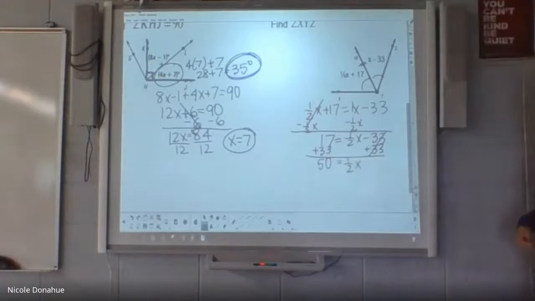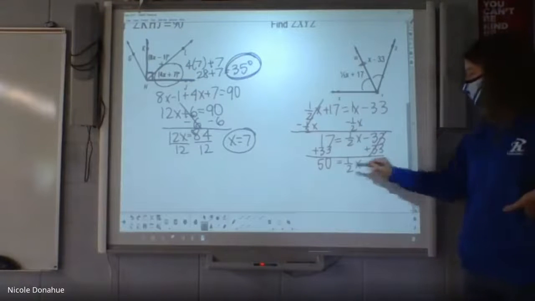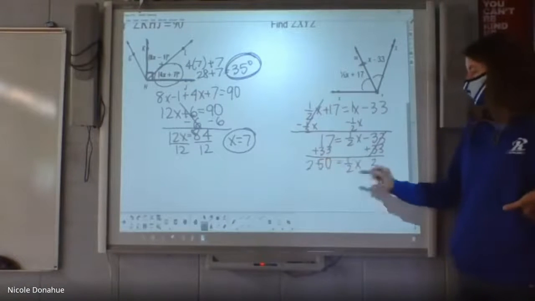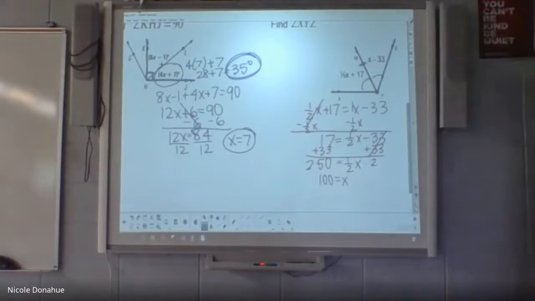Now this you might be able to just look at it and know the answer. Or you could divide by 0.5, you could divide by a half in your calculator, you can multiply by 2. I like doing that just because that's easier in my opinion to think about. So x ends up being 100.